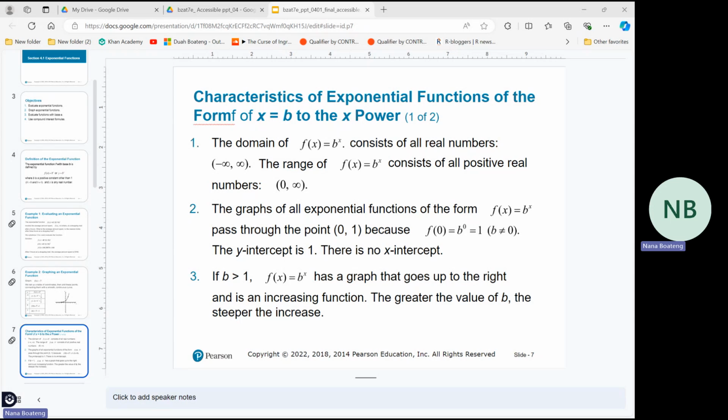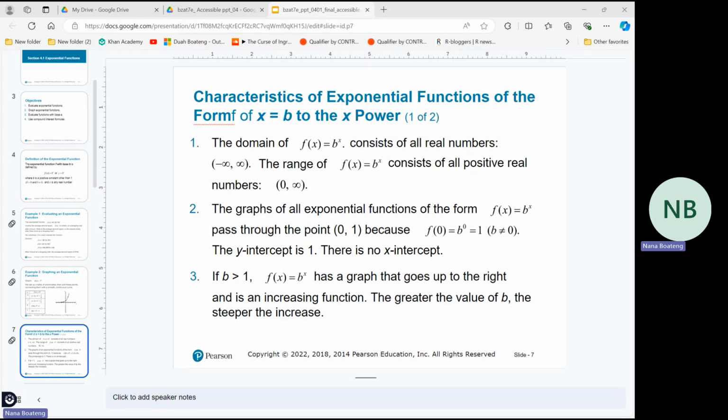And when the value of x is a positive number, you get bigger and bigger positive numbers. So the range is never negative. The range is always from 0 to positive infinity.